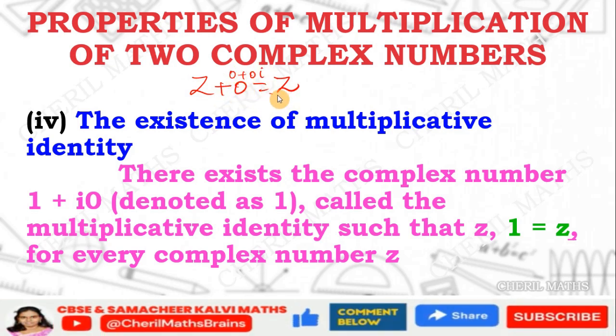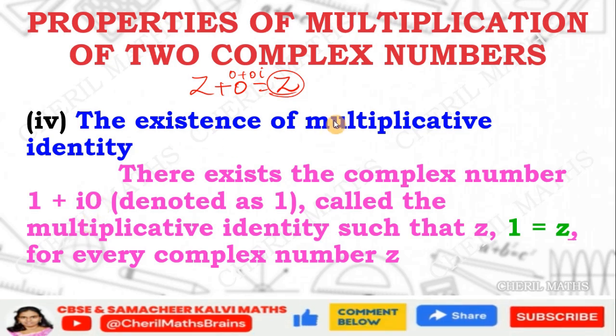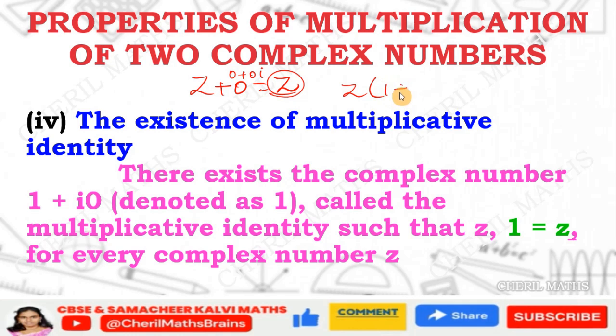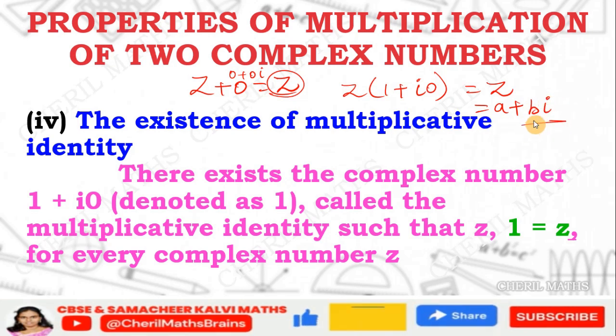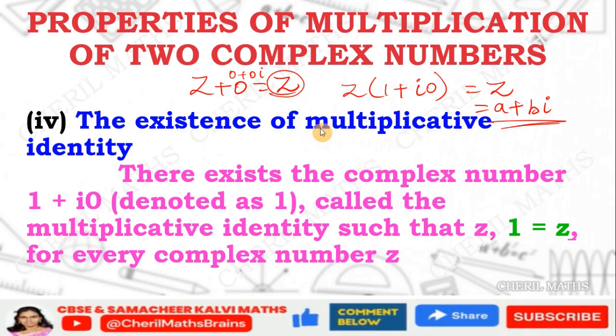So in that case, our answer will be Z. Here we are going to do it with 1 plus i into 0. Okay. So if you multiply Z with 1 plus i into 0, then we will get the answer Z only. Okay, we'll get the same Z only. Z will be of the form a plus bi. Isn't it, children? So in this way we can get it correctly. So this is for your multiplicative identity.